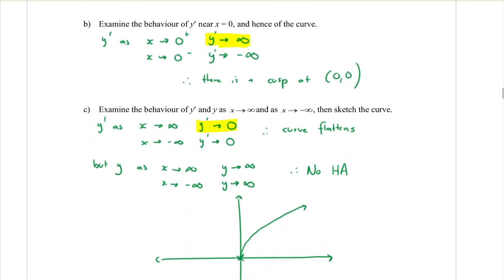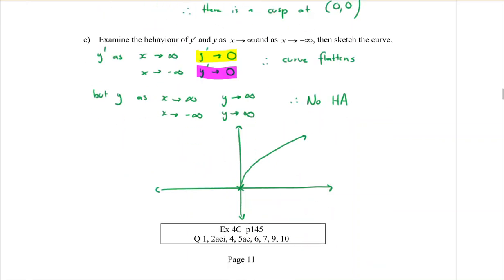And on the negative side, if we want to go to the gradient just to the left of 0, my gradient is super steep, but is negatively sloping, and it is also approaching 0 as we go further out, which means it's flattening out.